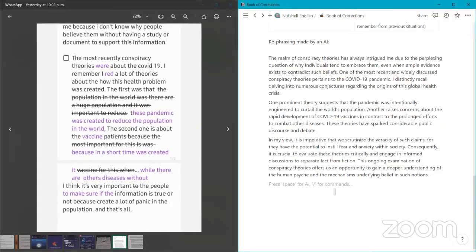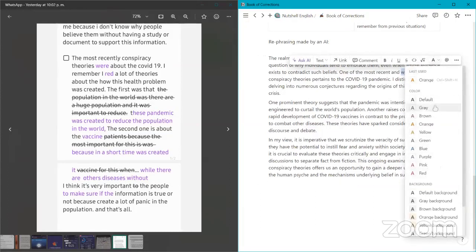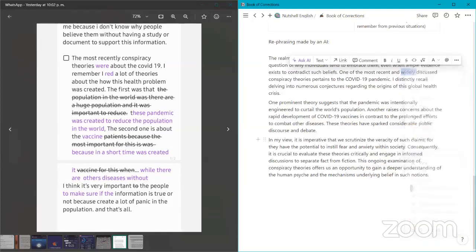The realm of conspiracy theories has always intrigued me, due to the perplexing question of why individuals tend to embrace them, even when ample evidence exists to contradict such. One of the most recent and widely discussed conspiracy theories pertains to the COVID-19 pandemic.